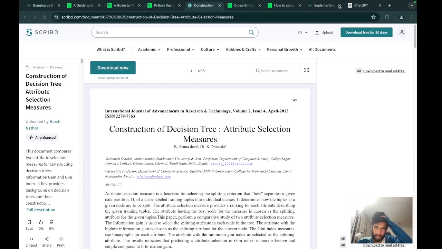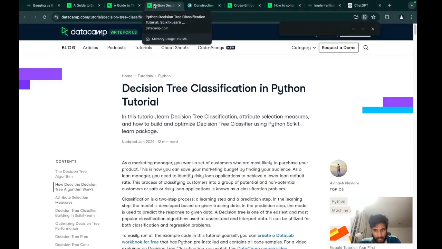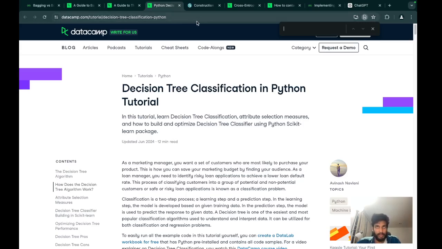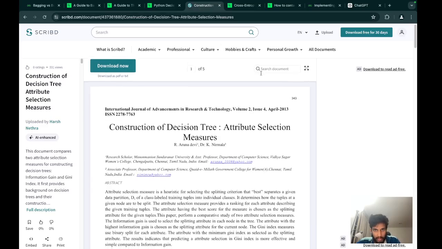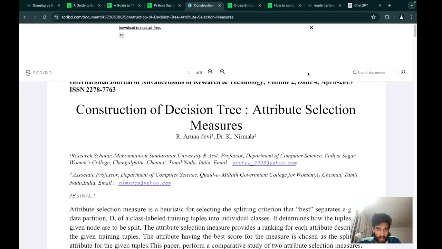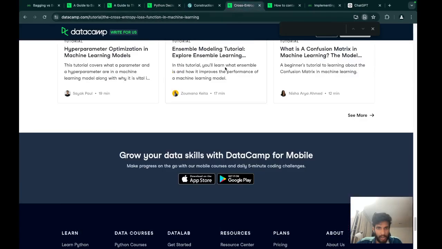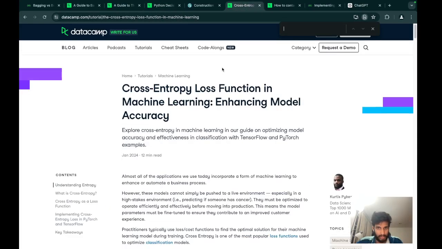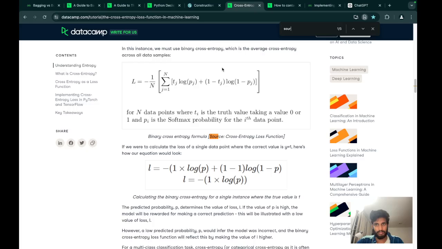Yeah, I guess DataCamp is just being DataCamp. I can't find a place where I can report something. No wonder they have mistakes. Seems like it's been read by a lot of people. These are very basic concepts in machine learning, so I'm pretty sure a lot of people have read them, but I don't think they care. Anyway, this is a paper that I found, which is supposed to be the actual source, if I'm not wrong.